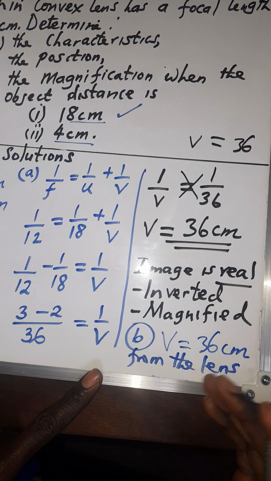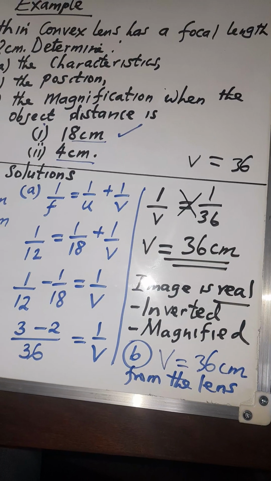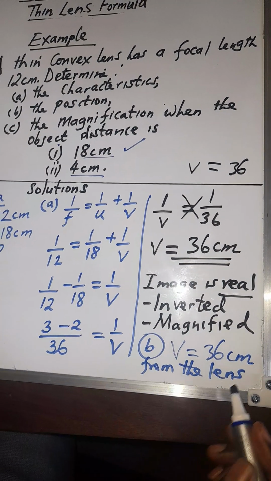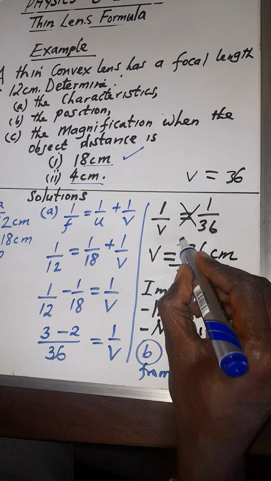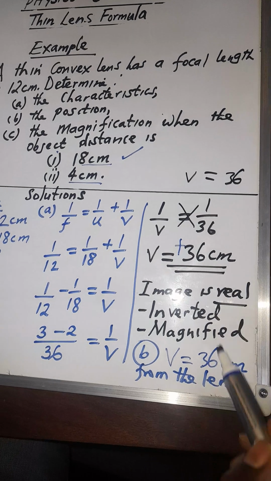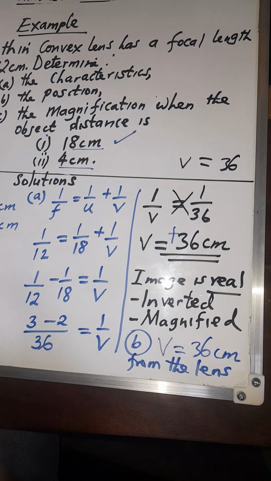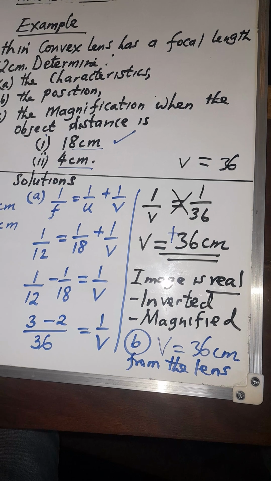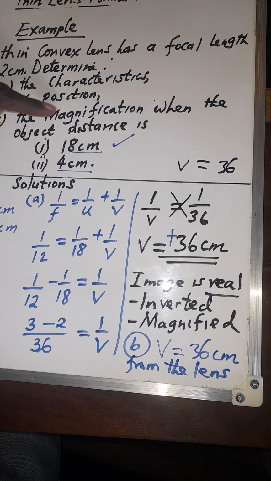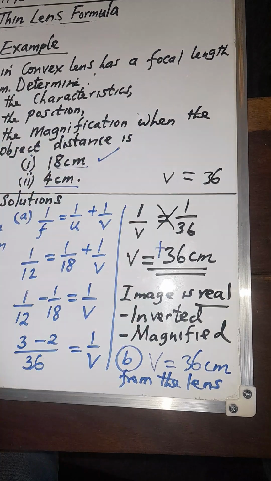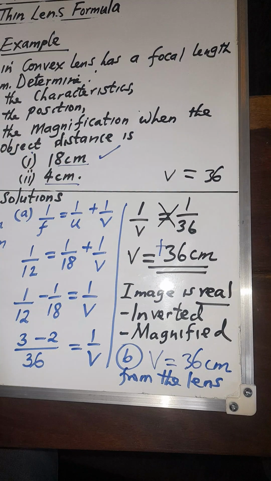But of course, we know it is on the opposite side of the object. Why? Because this value we calculated is a positive value, so it simply means that it is located on the other side. C says we calculate the magnification when the object is at that distance.